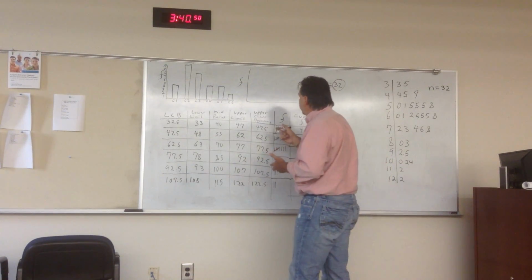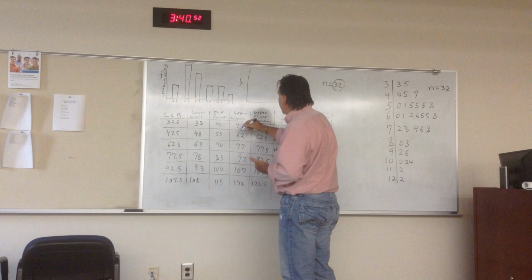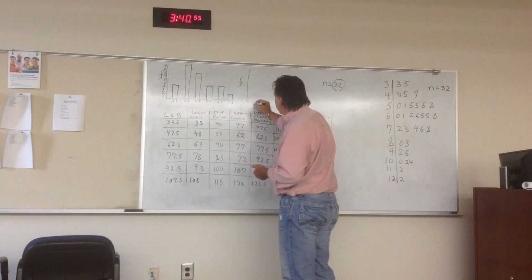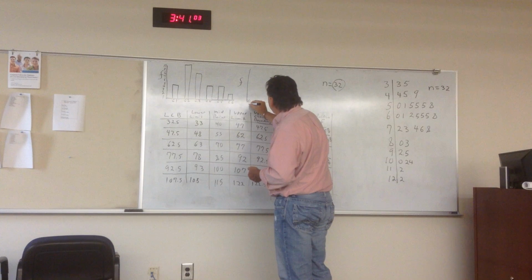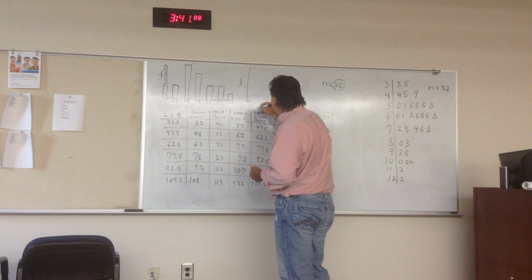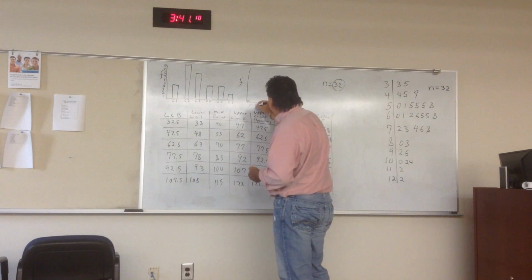So what we're going to do here is we're going to report on class 1, but class 1 is going to have a lower class boundary of 32.5, and it's going to have a midpoint of 40.